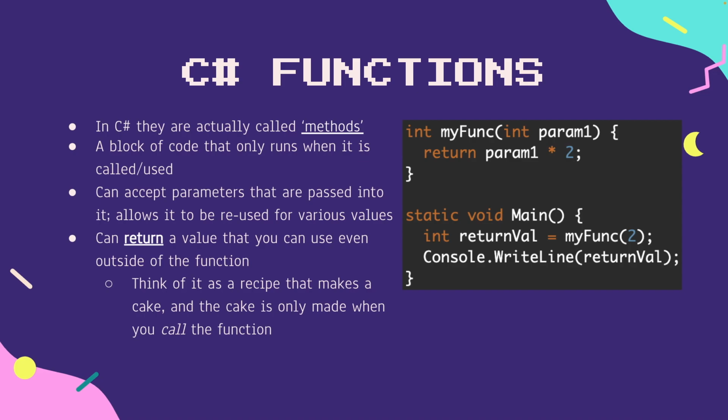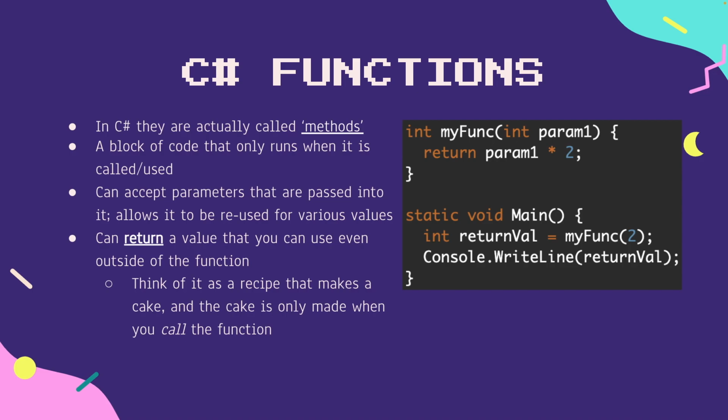At the top, I have a function that I call myfunc, and it's a function because it has these parentheses after it. And then inside of these parentheses, I declare a variable, but I don't initialize it to anything, right? So I just say I have a variable called param1, and it's of type integer, right?